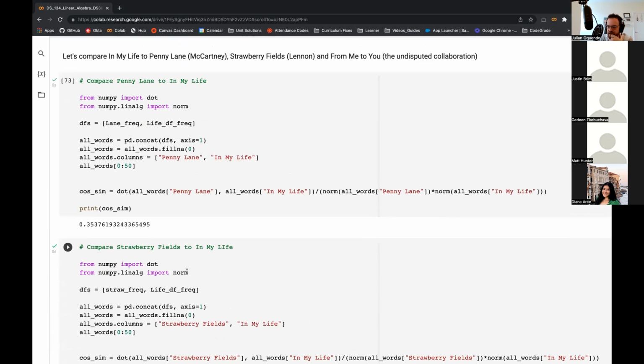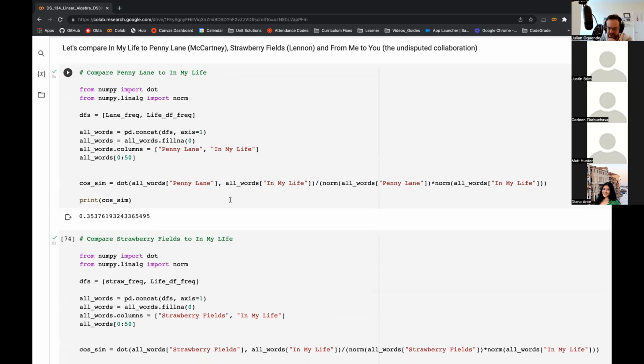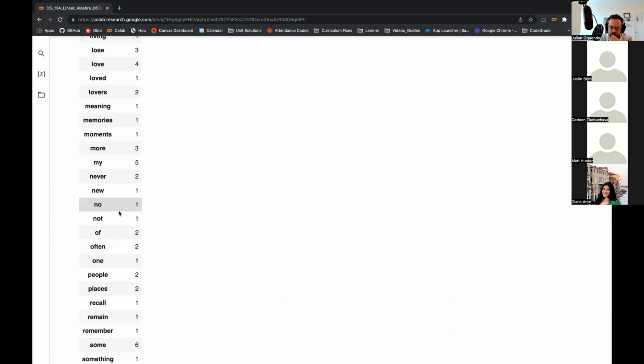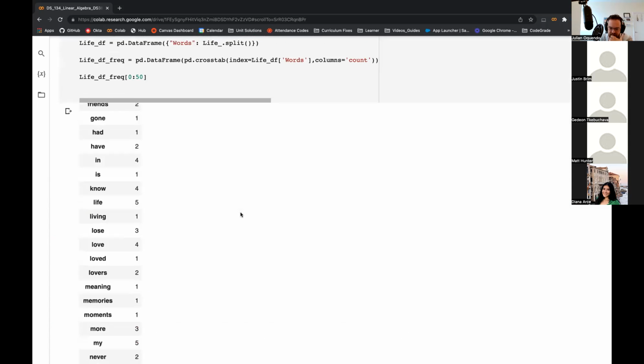Based off of doing this search, Penny Lane to In My Life has the highest cosine similarity between all of the comparisons we've just done, at 0.35, which is a little bit higher than the baseline value in terms of angle.